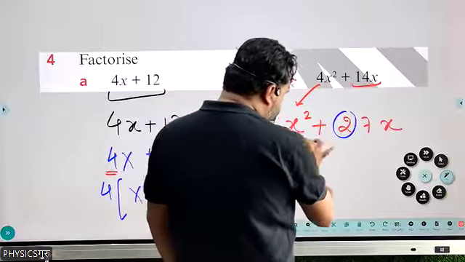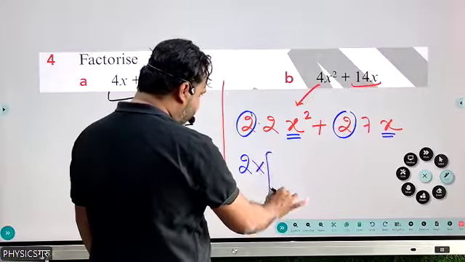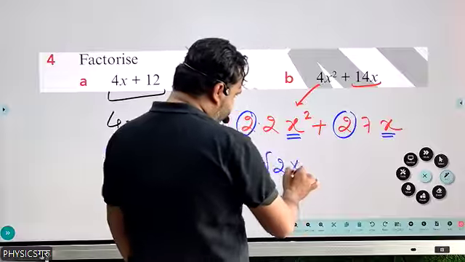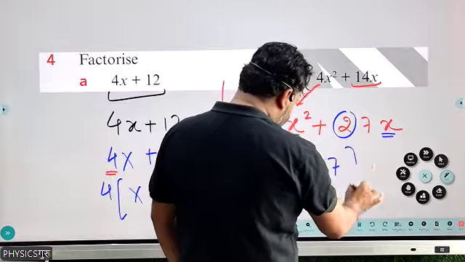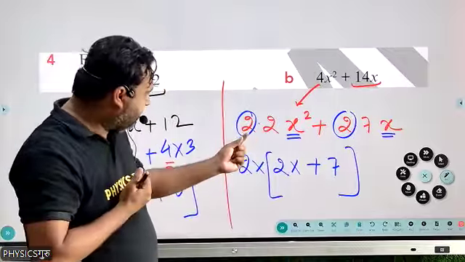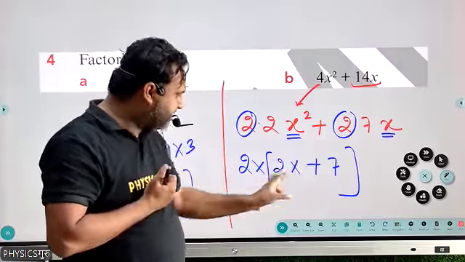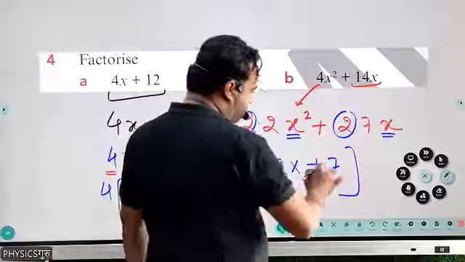You can take x as common. So if you take 2x as common, what is left? We are left with 2 times x plus 7. So within a bracket we have 2x plus 7, and outside we have 2x. So this is the required answer.